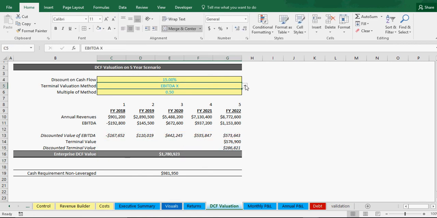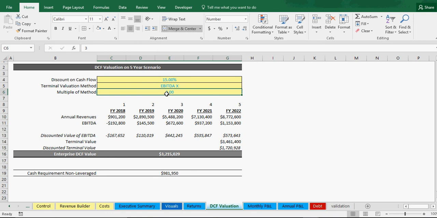Now again, if we put a revenue multiple on here, this is going to be much higher because we're taking 50% of 8.7 million as the value of the business at year 5. Now you might only have say a 25% multiple on top line revenue, or your EBITDA multiple might be 4 or 3.